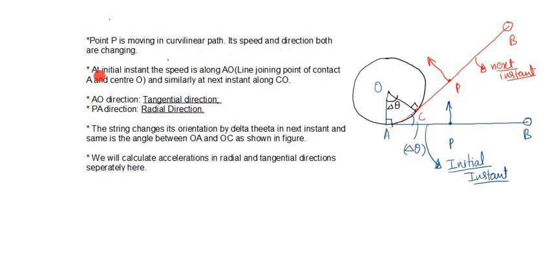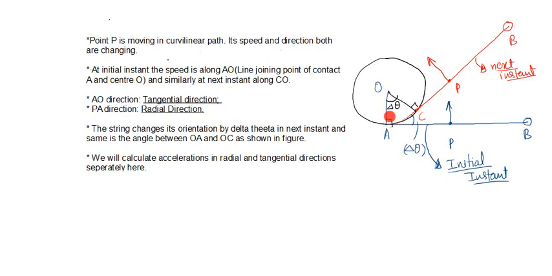Now at the initial instant, the velocity of point P is perpendicular to the length of the string, so it is in the vertically upward direction. This direction is similar to the direction of this radius vector, which is the line joining the point of contact and center. So AO represents the direction along which the particle is moving at the initial instant.